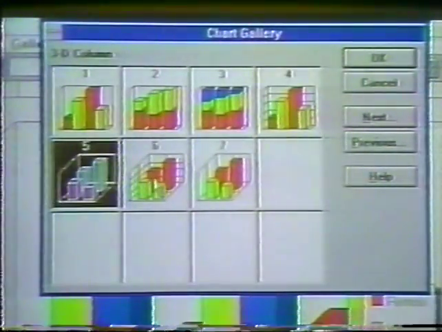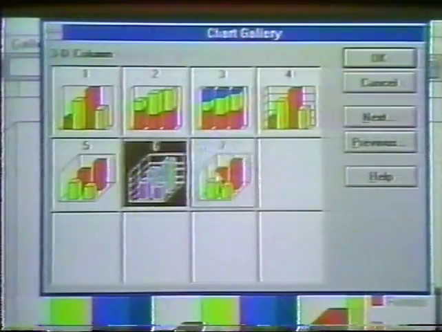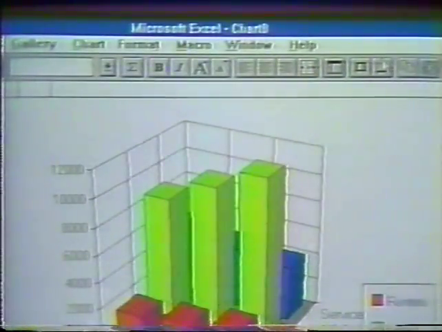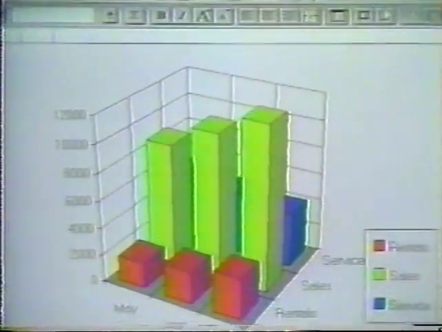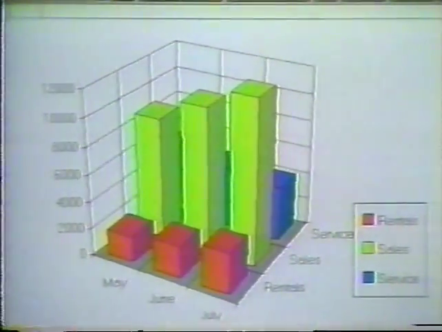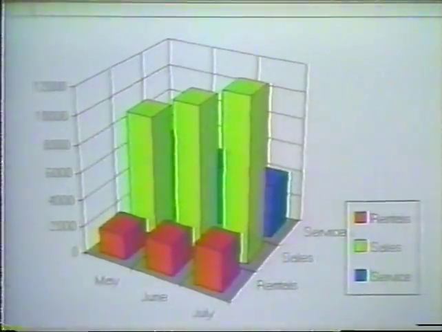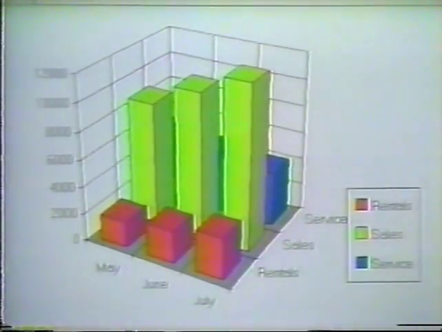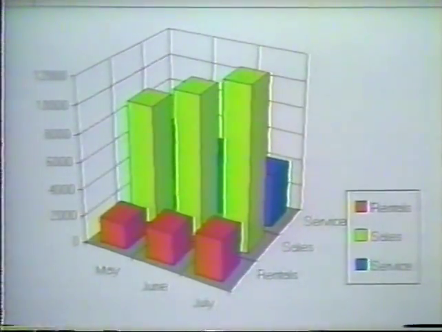The little picture shows us what the graph would look like. When we've chosen the one we like, we click OK. And the chart is converted to that new style of 3D column chart. Notice this one has rental, sales, and service on one side, and May, June, and July on the other side.